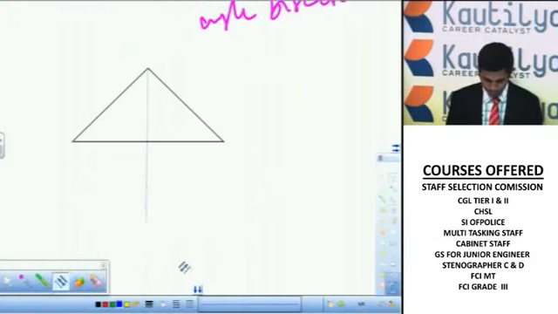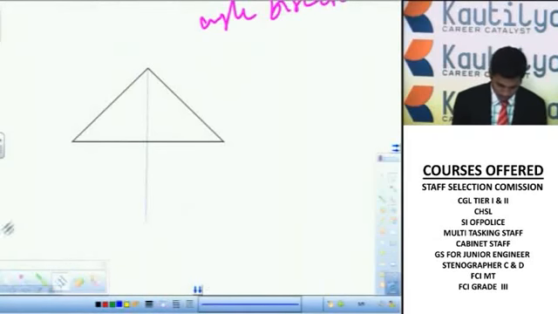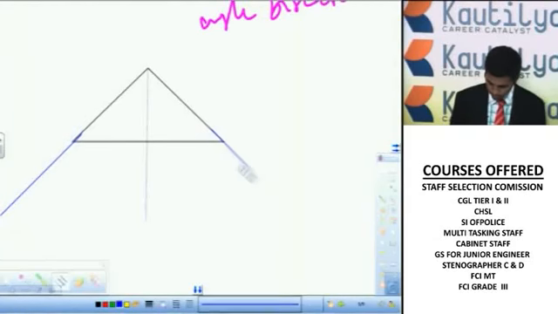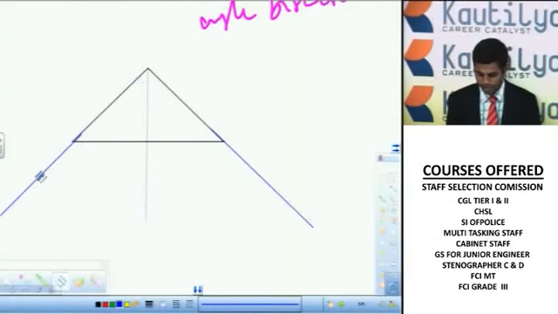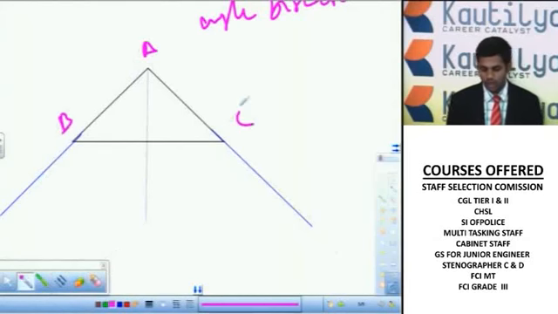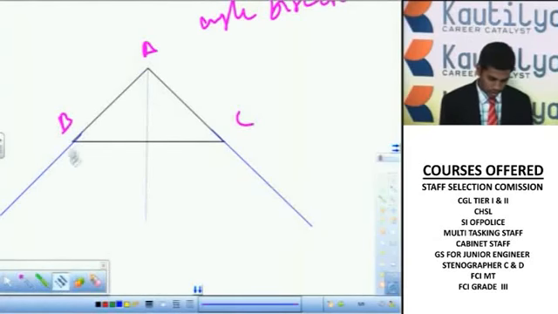Similarly, if we extend the sides, it would be like this, right? So we take the internal angle bisector of one particular angle of triangle ABC and the external bisectors for the other two angles.